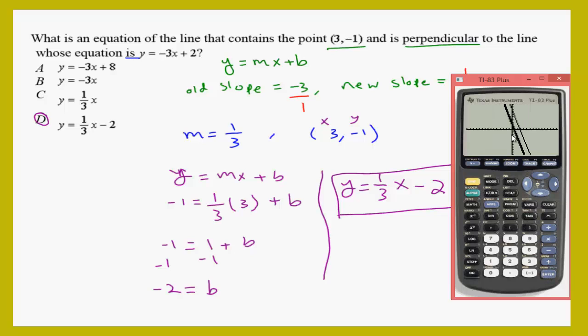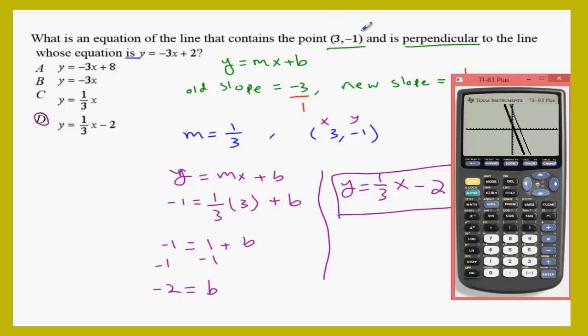Of course, this one is not working because it's a parallel line. A quick review: this is negative 3x and this is negative 3x. When you have the same slope, that means the lines are parallel. Parallel lines have the same slope. Choice B, negative 3x, is going to be a parallel line to this one because they have the same slope.